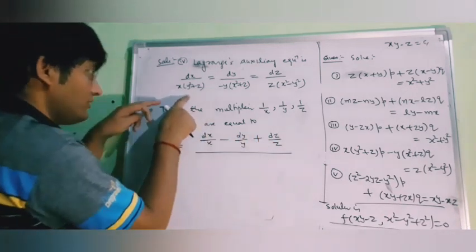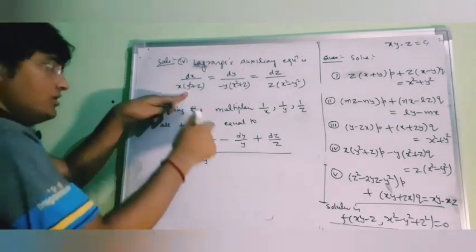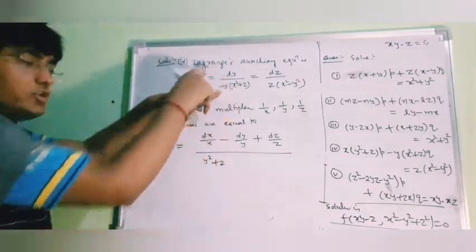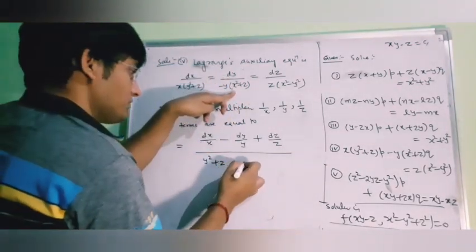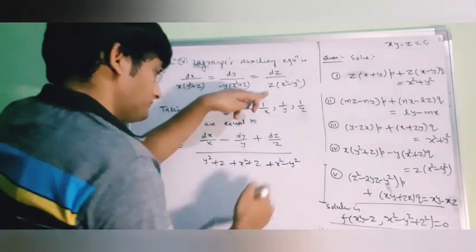Now in the denominator, because we have taken this x in the numerator, we will have y square plus z. We have already taken this minus sign in the numerator, so we will have plus x square plus z, and here we will get x square minus y square.